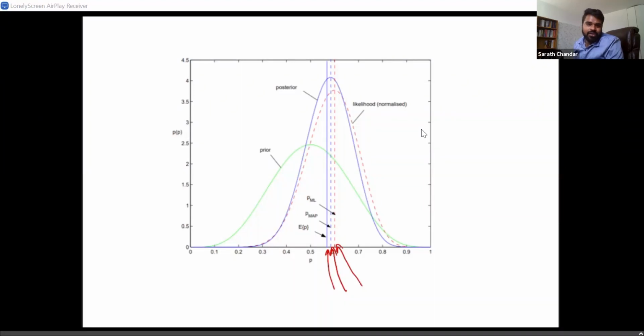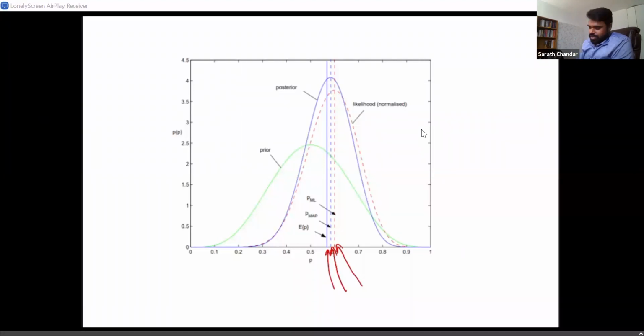And we also have a variance. Now you can see that the green line is my prior distribution and the blue line is my posterior distribution. So after seeing 12 heads and 8 tails, my prior is slowly moving towards the head, right? And it is also getting more confident. That is why the probability is peaking. Do you get it?